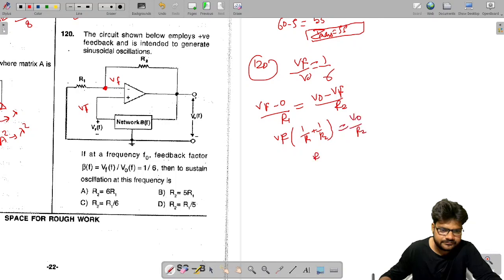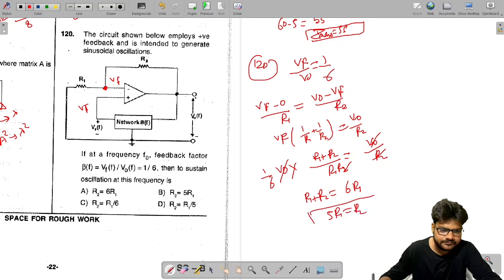Then this is R1 plus R2 by R1 R2 equals V naught by R2, and Vf is 1 by 6 V naught. So V naught will cancel out, R2 will cancel out, and from R1 plus R2 we get 6 R1, so 5 R1 equals R2. This is the relation between R1 and R2. So R2 is 5 R1, so B option is correct.